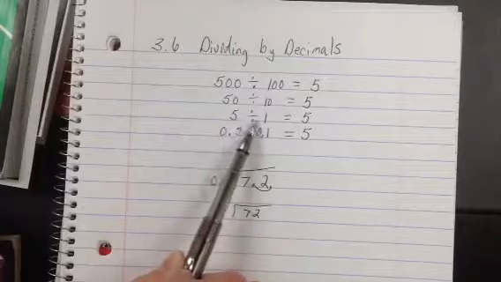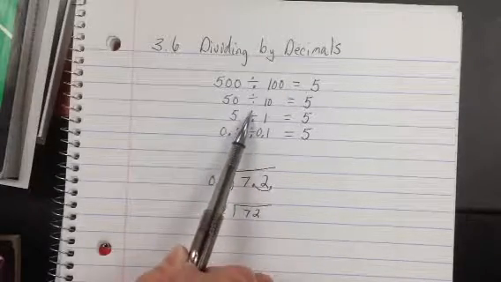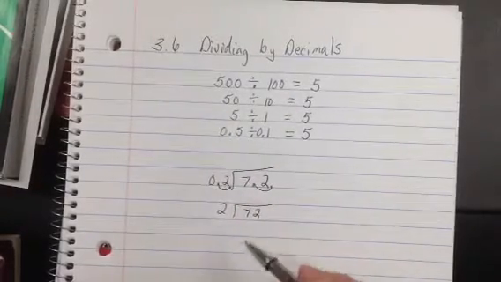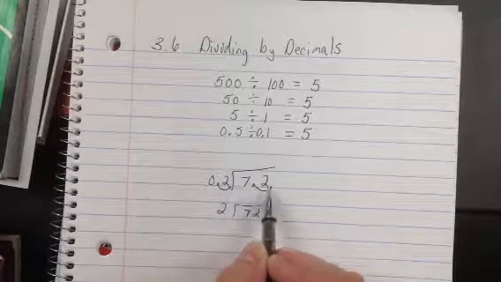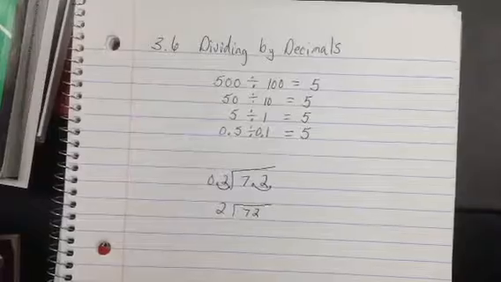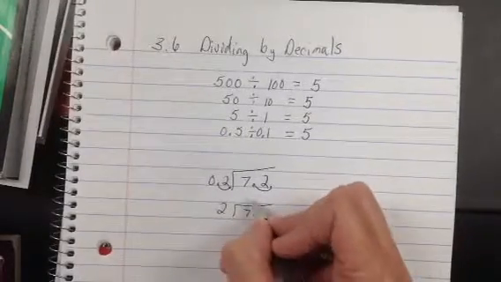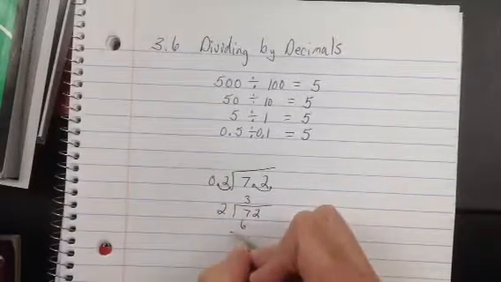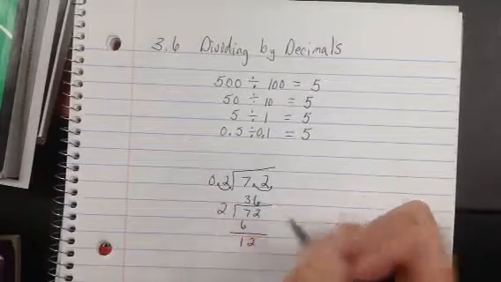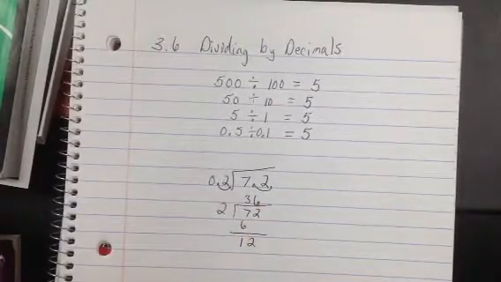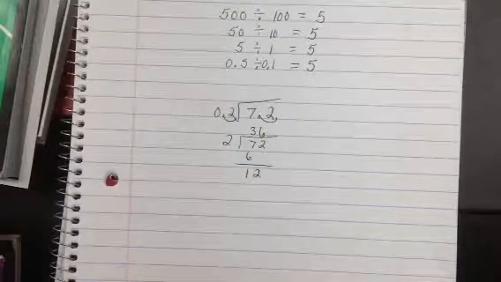But because I've changed both numbers times 10, it's legal. So when I divide 7.2 by 0.2, the reason I move each one over is because I've multiplied them both by 10. Now 2 goes into 72 3 times, 6, subtract, bring down the 2. My answer is 36. Okay, let's try another one.